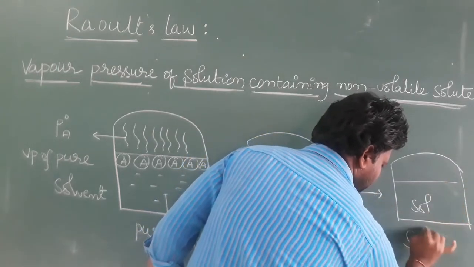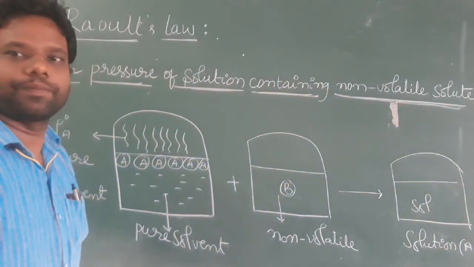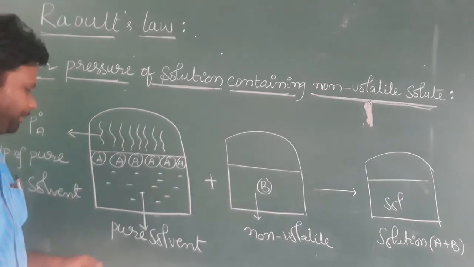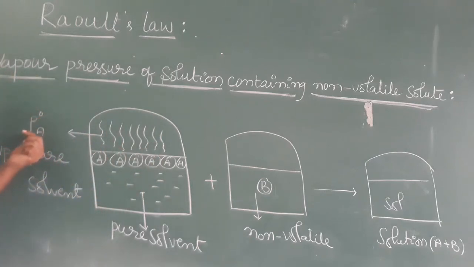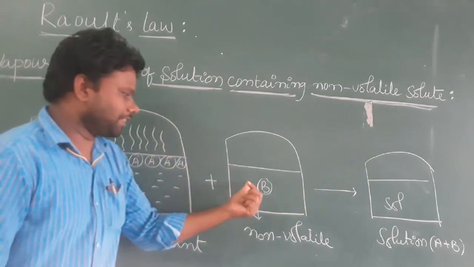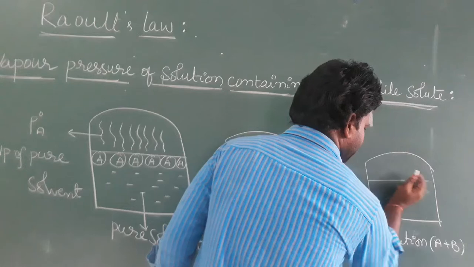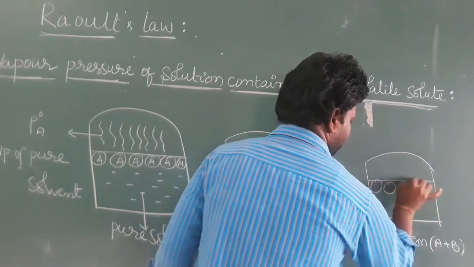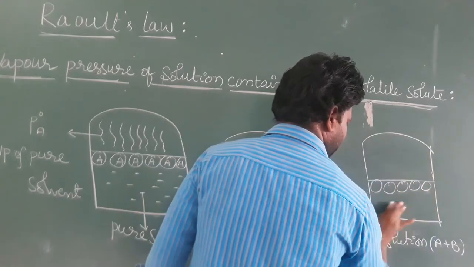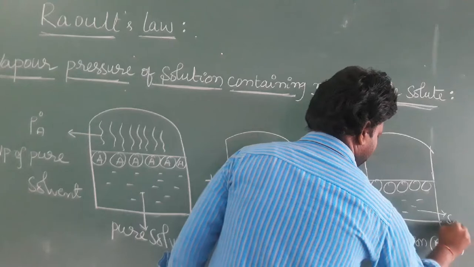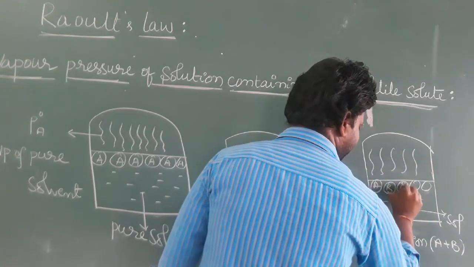This is the solution, meaning A plus B. Look here, pure solvent taken in the closed vessel is considered as A, its vapor pressure P naught A. P naught A means vapor pressure of pure solvent, which is mixed with the non-volatile solute B to form a solution.